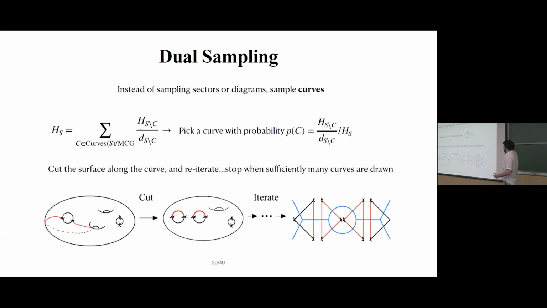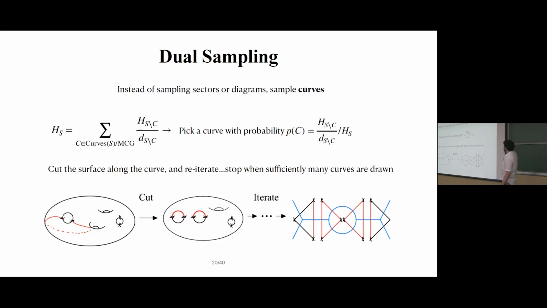Now, from this formula, we produce a new way to sample. Basically, every curve contributes to the total normalization. So instead of picking directly a diagram or directly a sector, you pick one curve after the other. You pick a curve with a probability equal to its contribution to the total normalization.